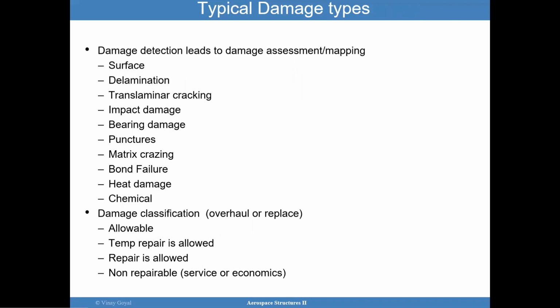The typical types of damage you may encounter are surface damage, delamination, cracking, impact damage, bearing damage, punctures, matrix crazing, bond failure, heat damage, or chemical failures. Damage classification can be either allowable, temporary repair allowed, repair allowed, or non-repairable. We'll talk about that a little bit later as we go through this lecture.